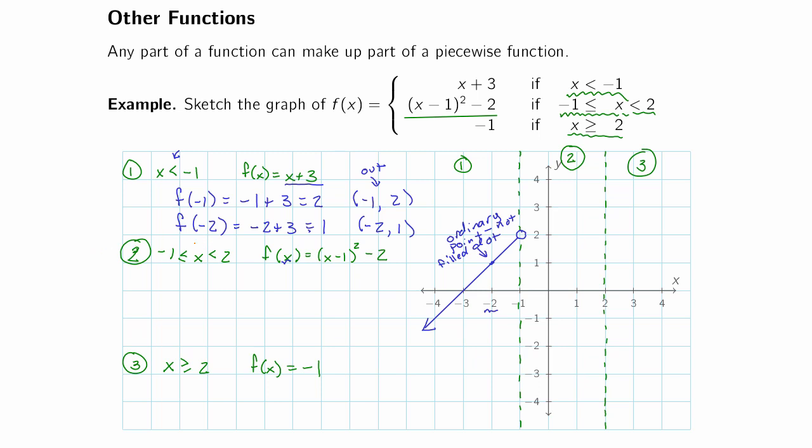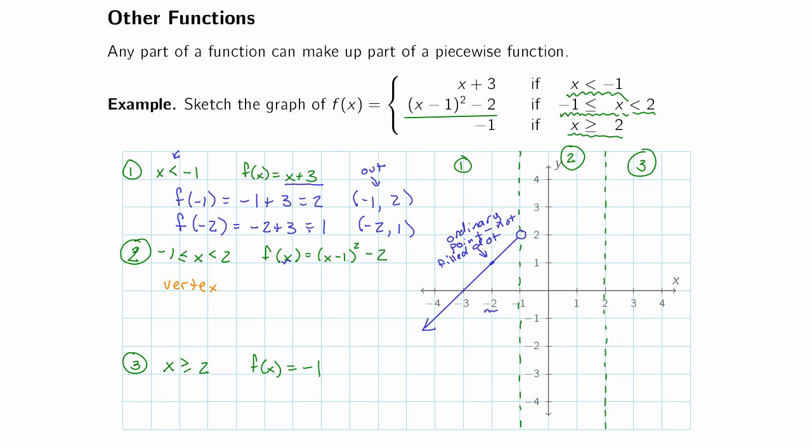Next piece. This is my quadratic piece. If I want to graph a quadratic, the first thing I do is to think of the vertex. I could also do this by transformations, but in this setting, using the vertex is easier. Of course, it actually amounts to the same thing.